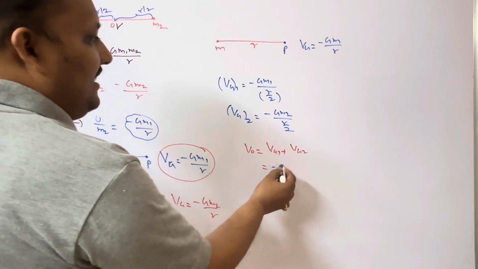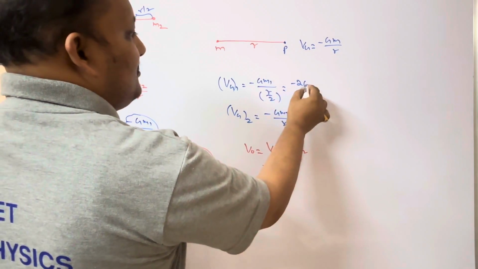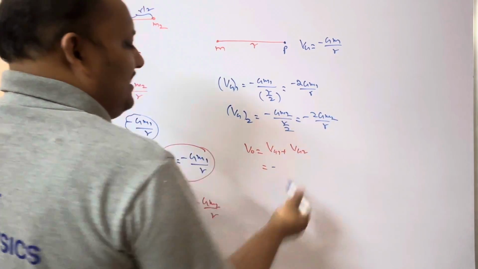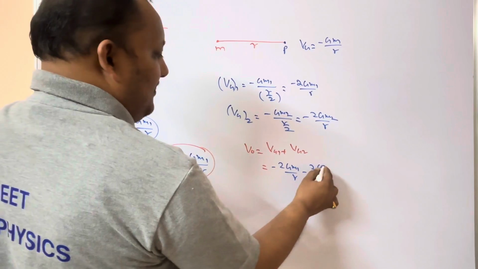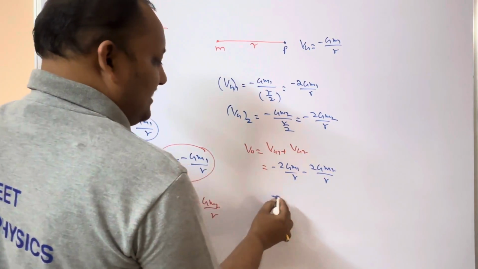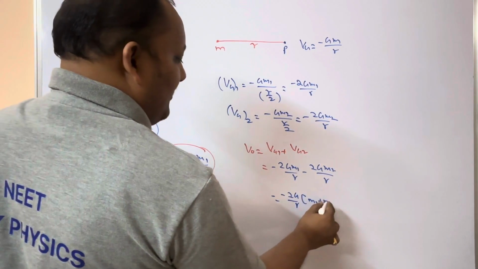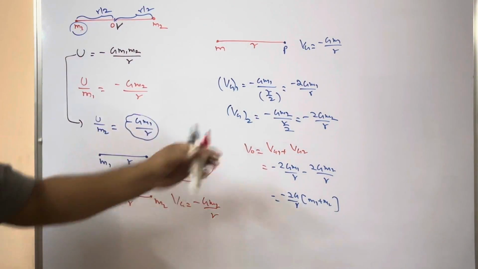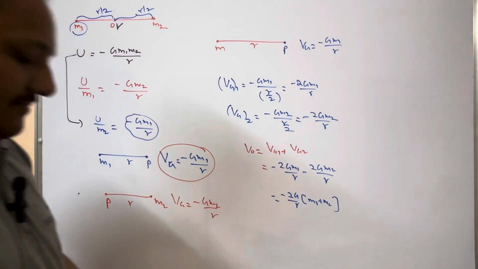That is minus 2G m1 by r minus 2G m2 by r. What is common? Minus 2G by r is common, times m1 plus m2. So this is how to calculate the gravitational potential because of masses.